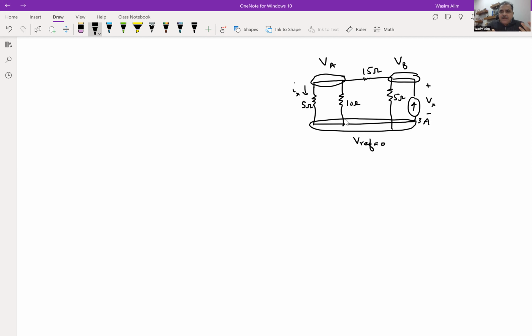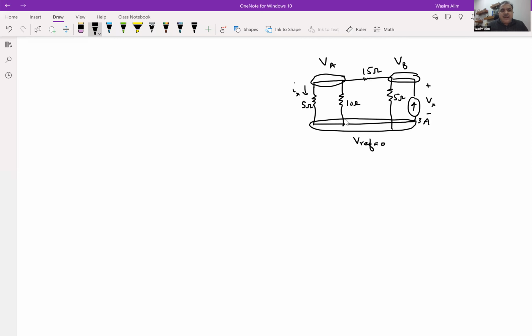Again, if you take them in the wrong direction, essentially what will happen is that your polarities are going to be opposite. But the solution would still exist as the correct form.